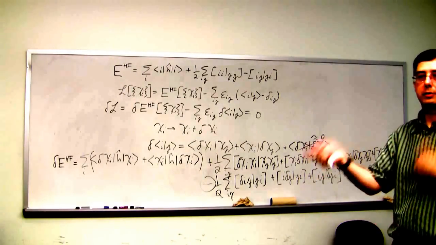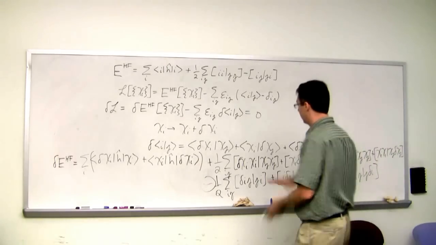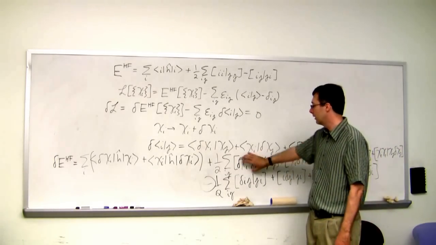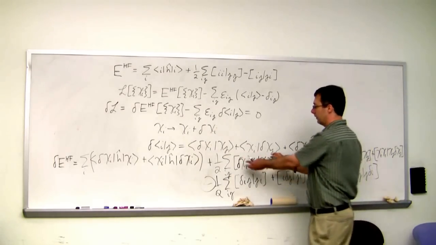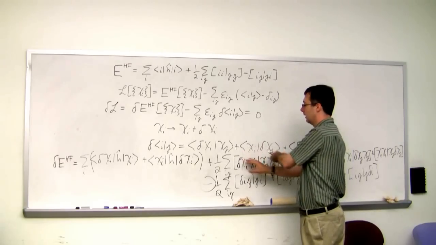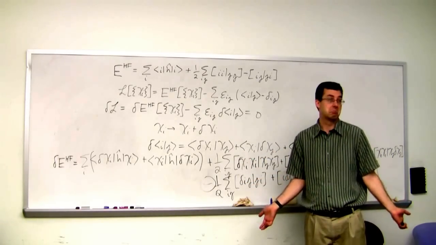So I could flip-flop which one's electron 1, electron 2. It wouldn't change anything. What does that mean for these symbols? Well, it means that electron 1 is on the left by definition in one of these symbols, and electron 2 is on the right. So if I did a flip-flop of electron 1 and 2, I would swap the bra and the ket, the left and the right sides, and it would be the same thing.